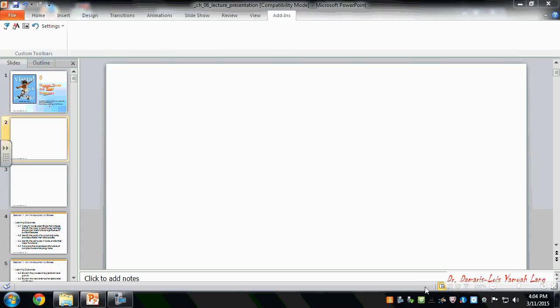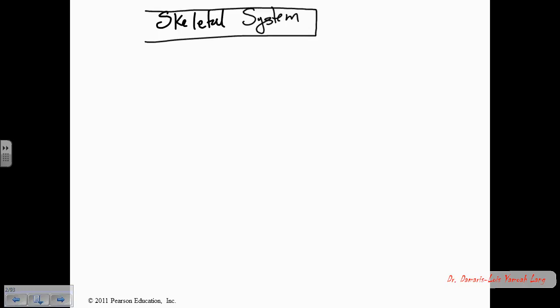Do you remember connective tissue? So the organ of the skeletal system is what?